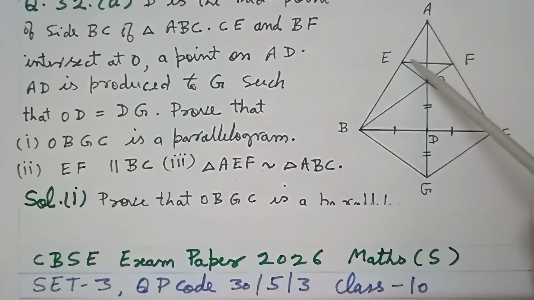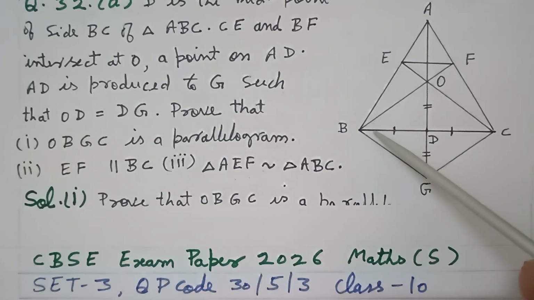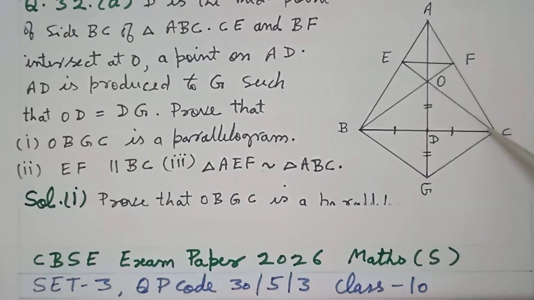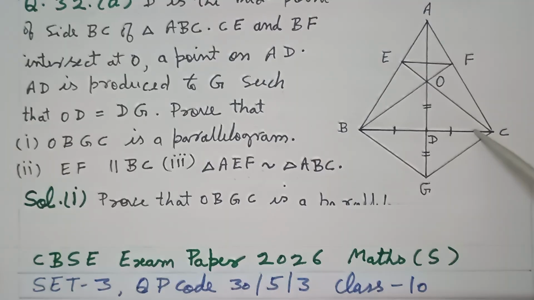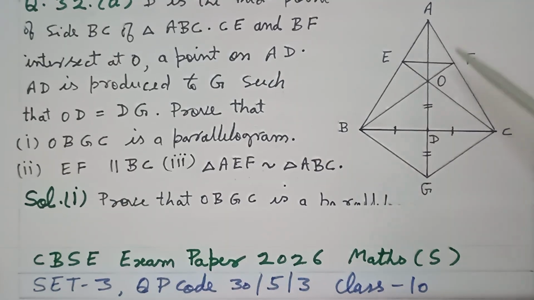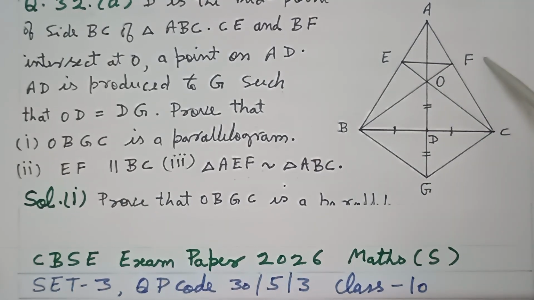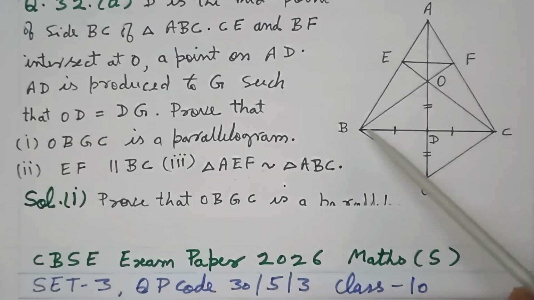Therefore, this angle is equal to this angle because they are corresponding angles, and this angle is equal to this angle because they are corresponding angles. So by AA similarity, triangle AEF is similar to triangle ABC.